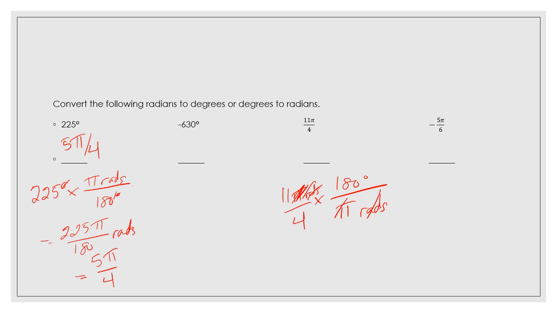And so now all I need to do is multiply the top. 11 times 180 gets me 1,980 degrees divided by 4. And then 1,980 divided by 4 is 495. So that is 495 degrees. And we will save the last 2 for class as well.